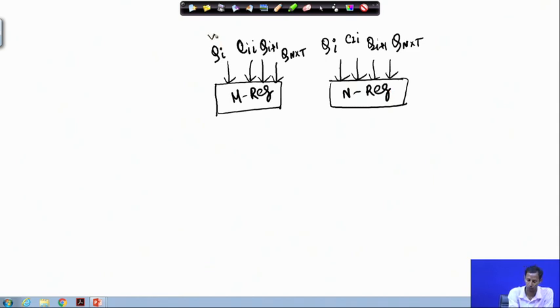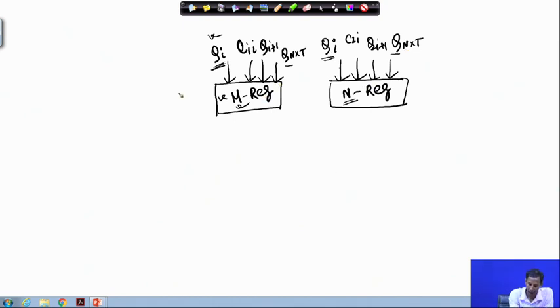This Qi and this Qi are not the same: the same input and output are connected for the N values, and the same input and output are connected for the M values. So this Qi and this Qi, or this Q next and this Q next, are not the same. This is for M and this is for N.